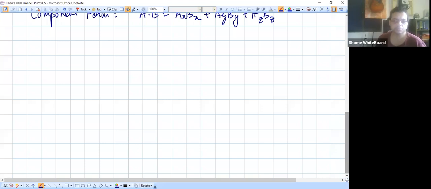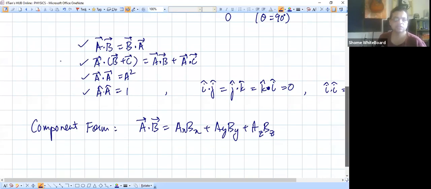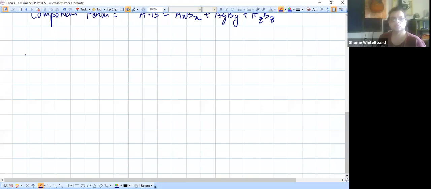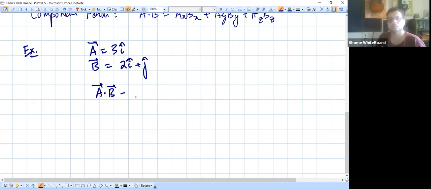In the second tick mark, I'll explain. This one is called the distributive property of vectors. So for example, if the vector A is 3 i cap and the vector B is 2 i cap plus j cap, then we can write A dot B, the dot product with 2 i cap plus j cap.